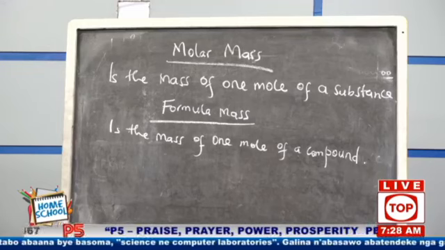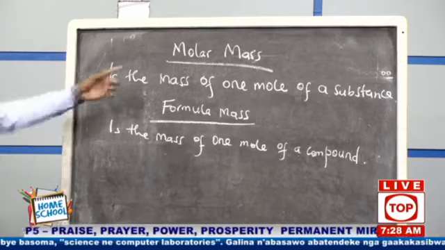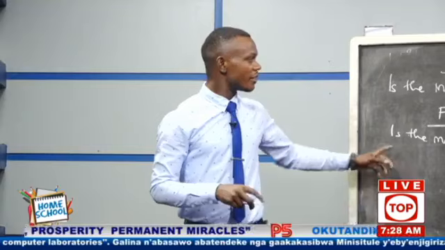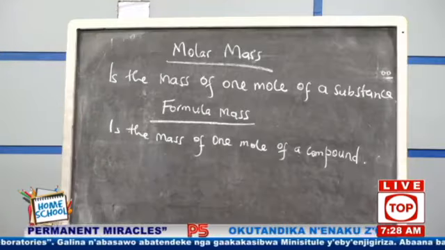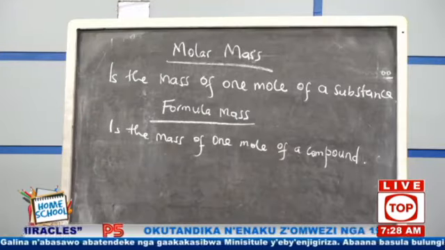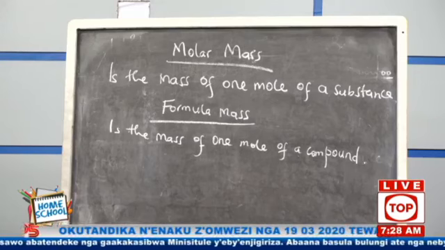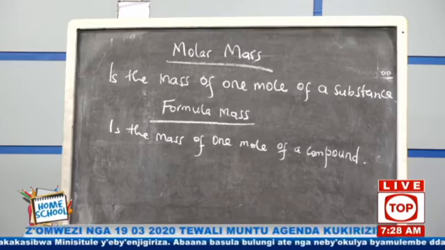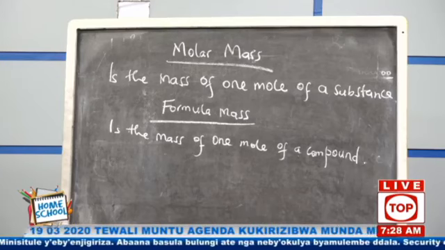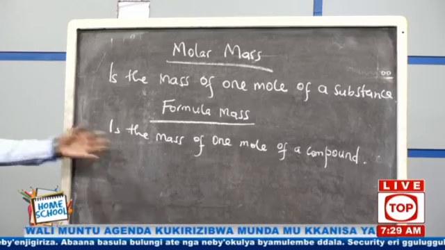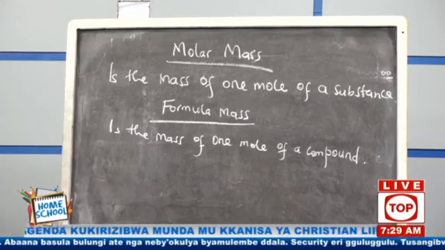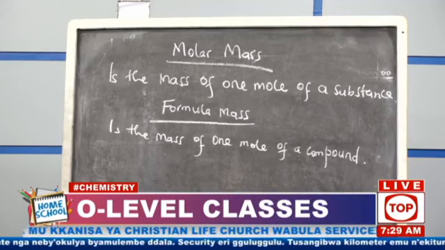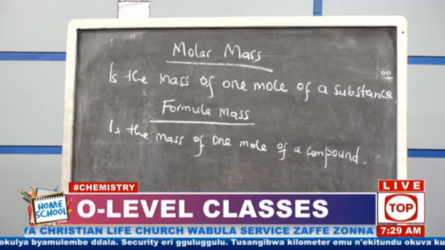So we are going to see how we calculate formula mass. If the other one we were just stating with the addition of gram, here we get the formula mass by combining all the relative atomic masses of the elements present. You know, when you talk without doing it, someone may not understand what you mean when you say combining all the relative atomic masses of the elements or substances present.